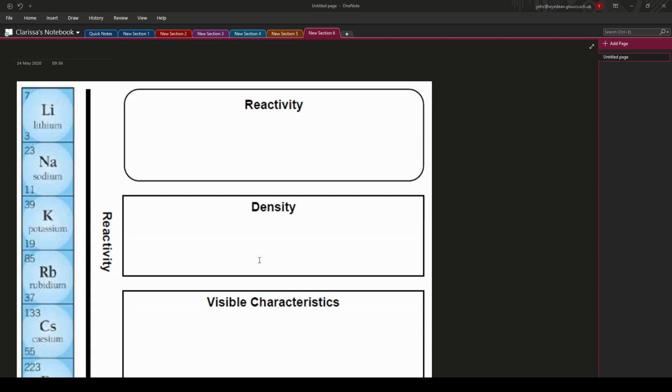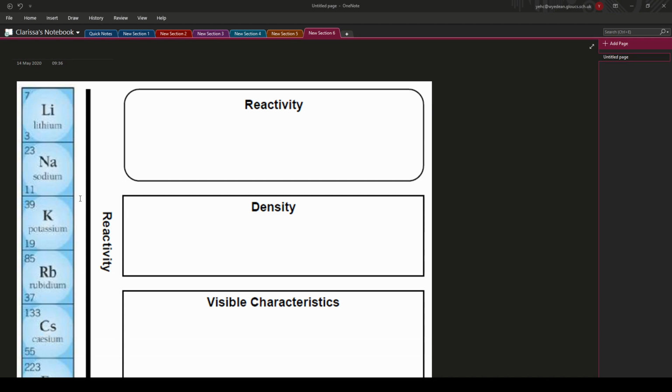Okay, so if we remember, last time we talked about what all of the information in each little block means. You do have a key provided at the top, but remember the top number is the atomic mass, relative atomic mass I should say, and the bottom number is how many protons we have.